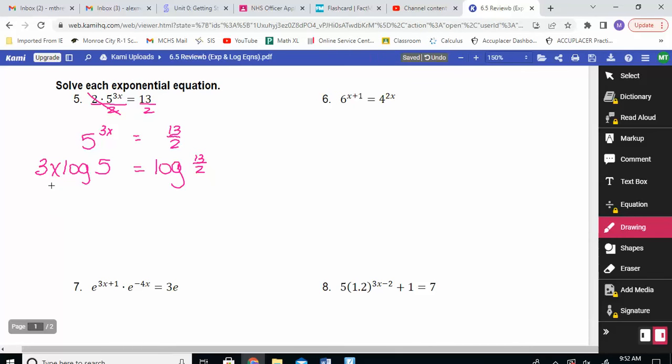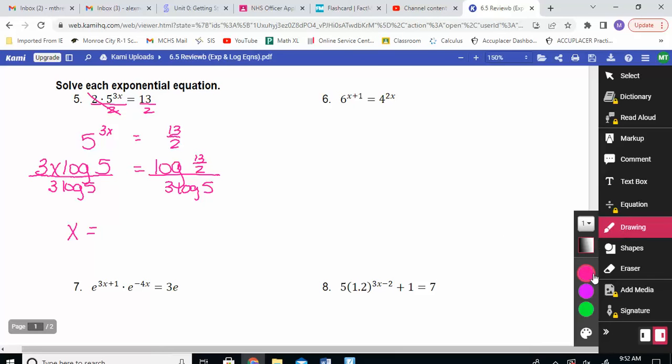So to get x by itself, we need to divide by the 3 and the log. You can do them in separate steps, or we can just do it all at once. x equals. When you go to type this in, every time you push the log, it opens a parenthesis, so you have to close it. You also need a parenthesis around the entire denominator.